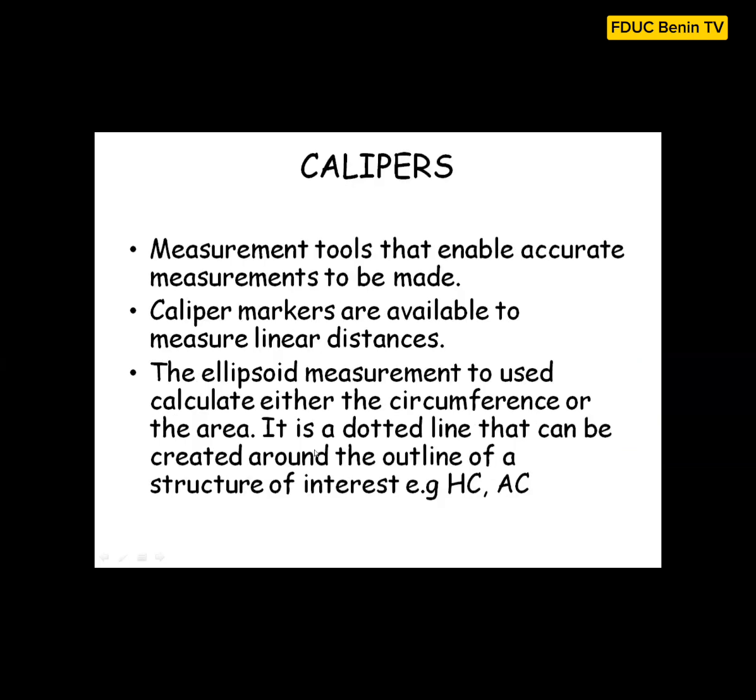The calipers are very important as we scan, usually as we do obstetric scans. The calipers are another very important button that we will use because it helps us to take accurate measurements. The calipers are available to measure linear distances, for example, when you are measuring the femur length.